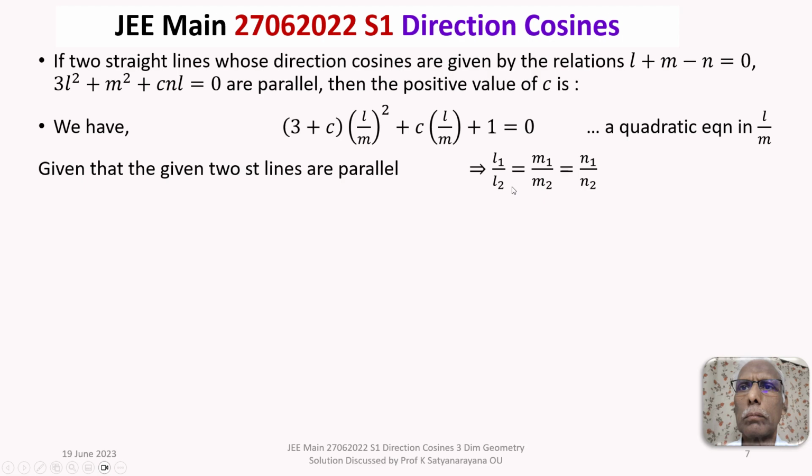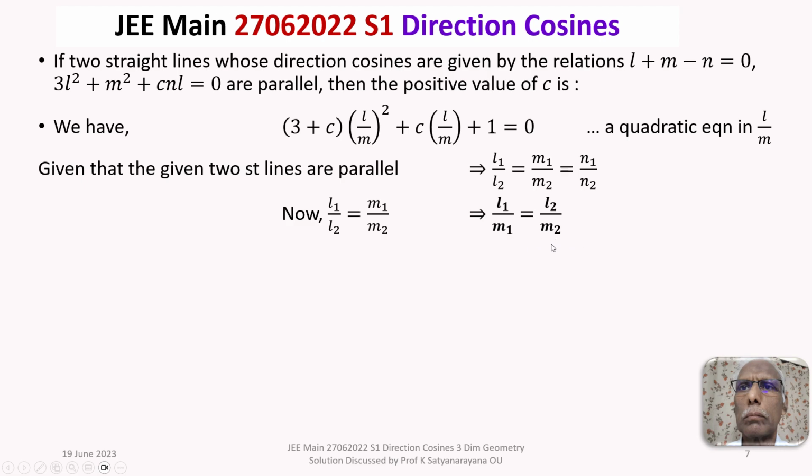We take the first two ratios. So l1/l2 = m1/m2, that implies l1/m1 = l2/m2.